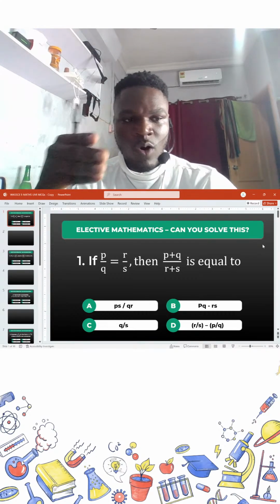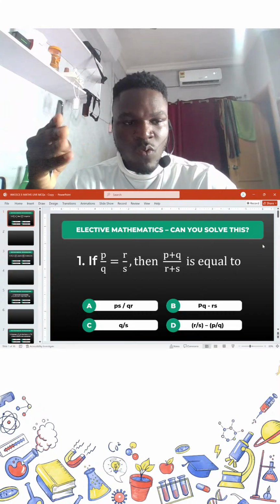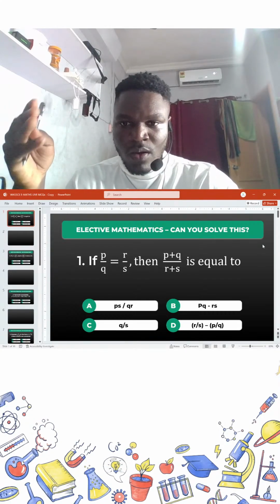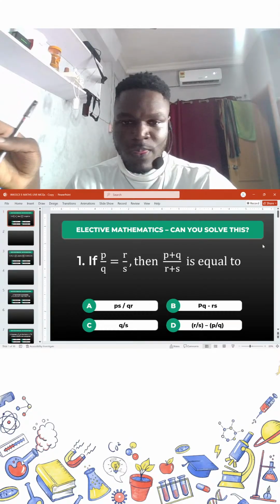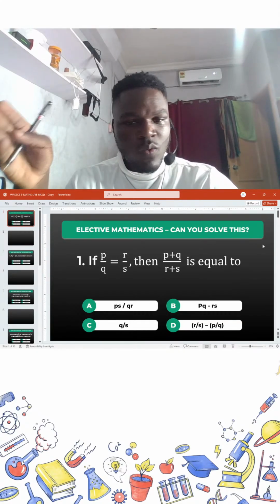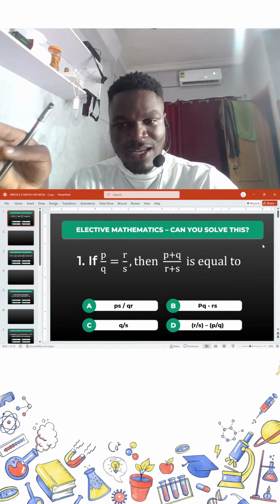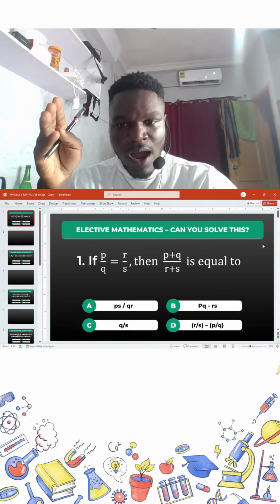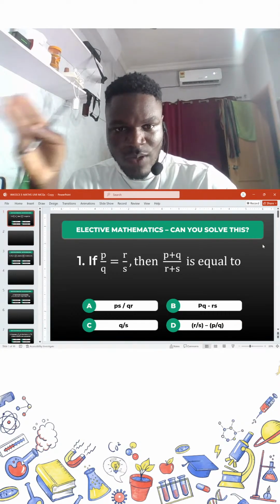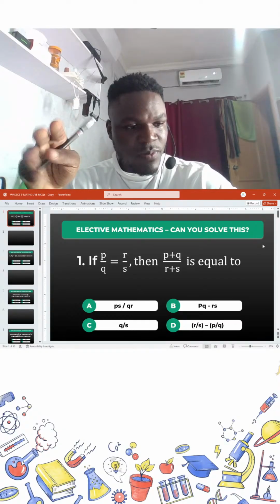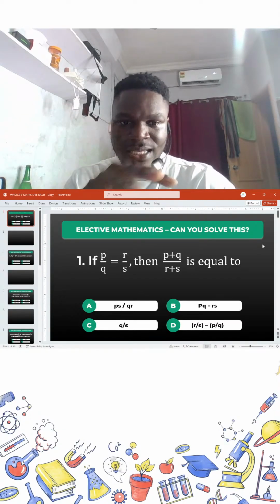We have option A, PS over QR. Option B, PQ minus RS. Option C, Q over S. And then option D, R over S minus P over Q.